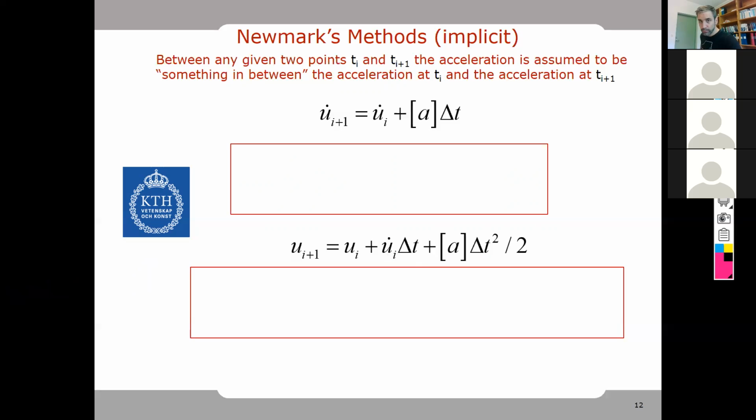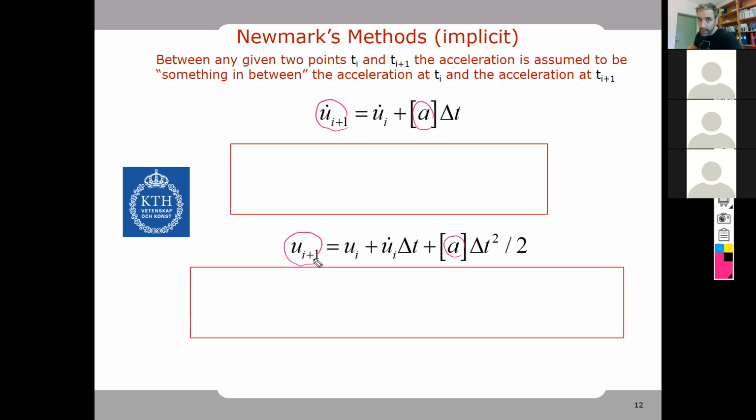So we have assumed that the acceleration is constant to calculate the new speed, but the acceleration is an unknown, right? We don't know what the acceleration is, and this is another unknown. We don't know what the new speed is going to be, and here we have also the acceleration, which is an unknown, and we have a new position, which is unknown.